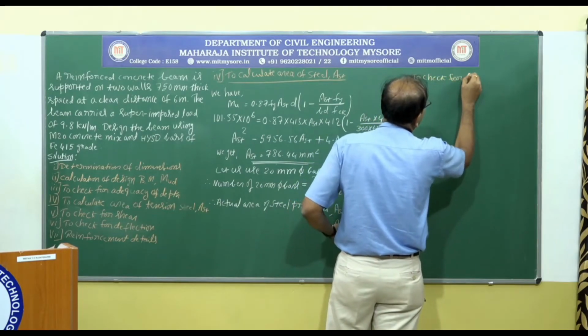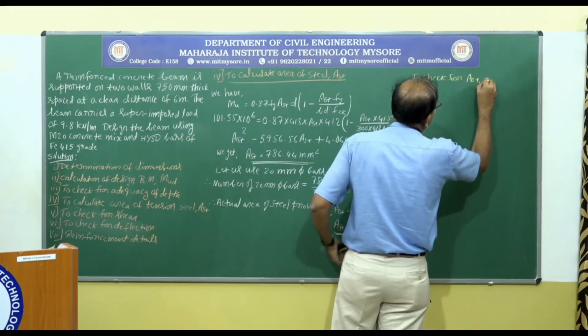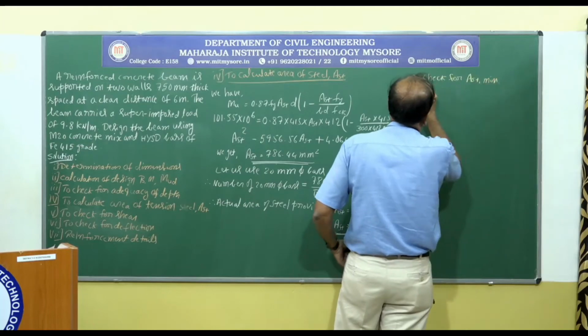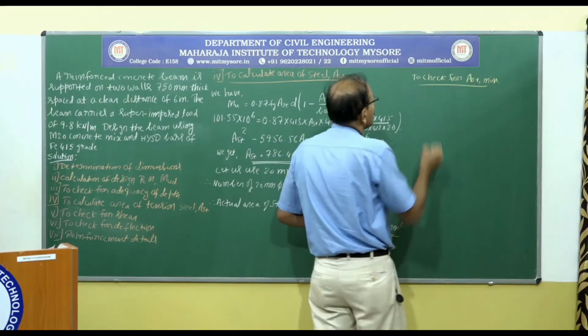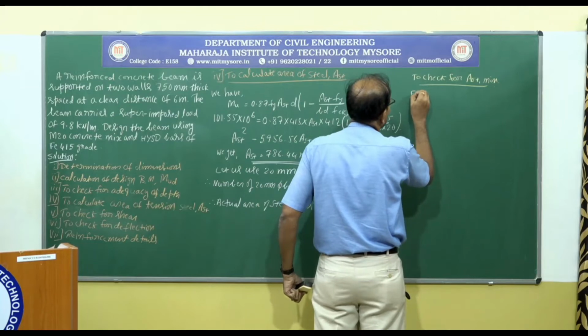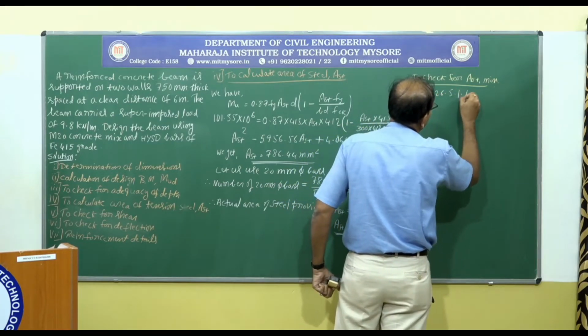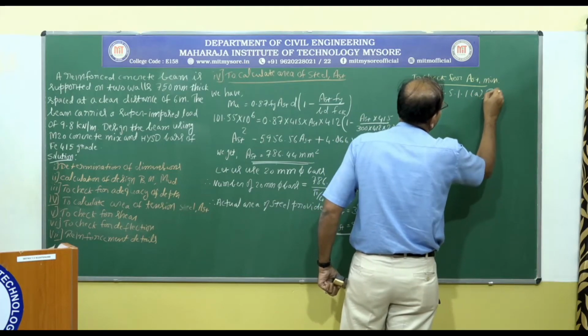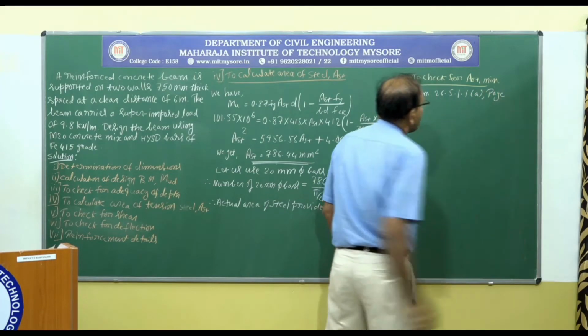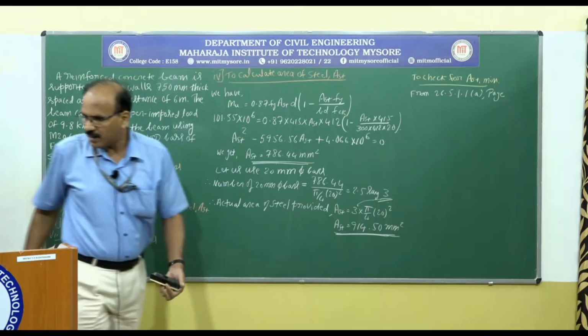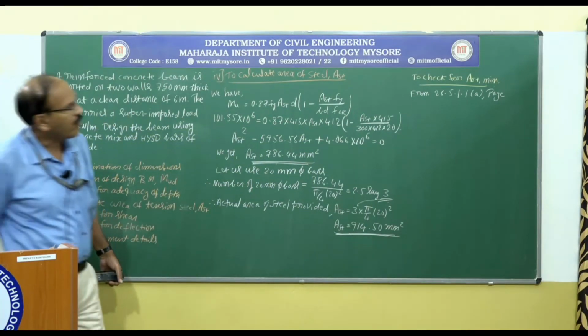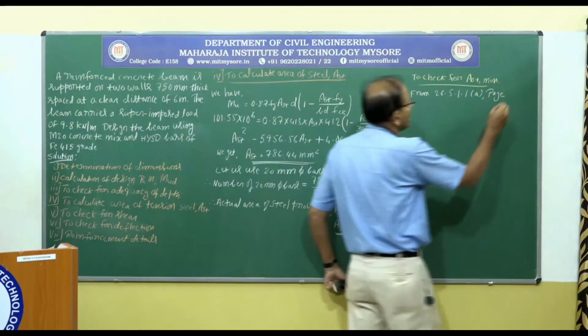Check for AST minimum. So from 26.5.1.1a, page, I think it is 47, page 47.